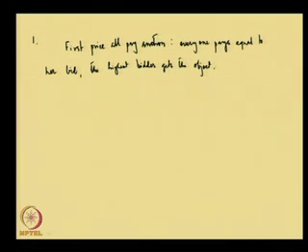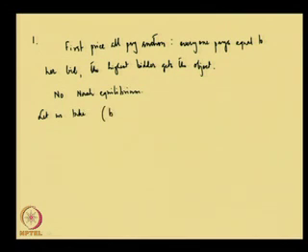Now, here we have to show that there is no Nash equilibrium. How? Let us say B1, B2. We are talking about two players. Suppose there are two players and their bids are B1 and B2.